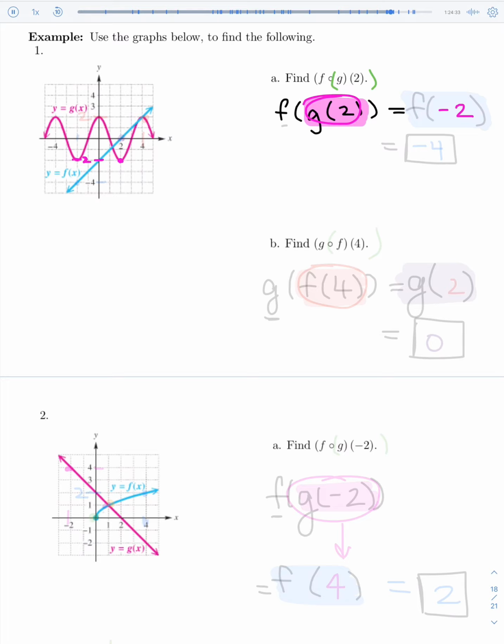Be careful, I'm still not done because I haven't dealt with the f that's out in front. Now I'm supposed to take this value -2 and plug it back into f. So let's go look at our picture. Our blue line is the graph of f. So now I'm going to go look at f and look for the value -2, which is over here.